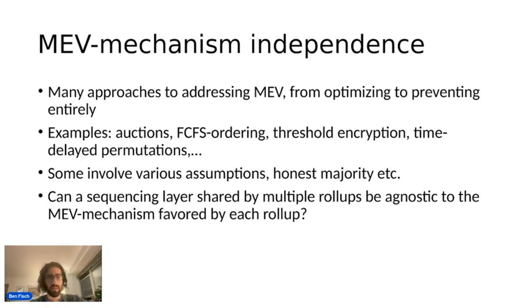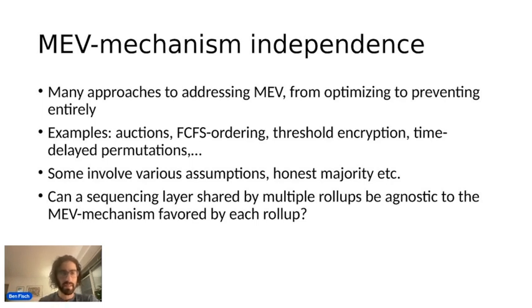The second open question that I think is very important and interesting is whether shared sequencing layers can be MEV mechanism independent. So there are many different approaches to addressing MEV and it can be a matter of philosophy, right? From optimizing it and democratizing access to MEV to preventing it entirely, whether you believe that's possible or not.